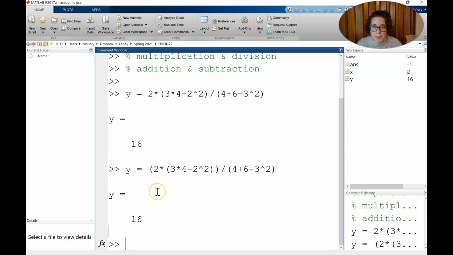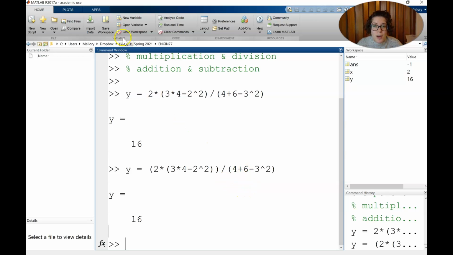So we've just gone over how to type an equation into MATLAB using PEMDAS, so using our order of operations. We have looked at how to access previous entries by using the up and down arrow.